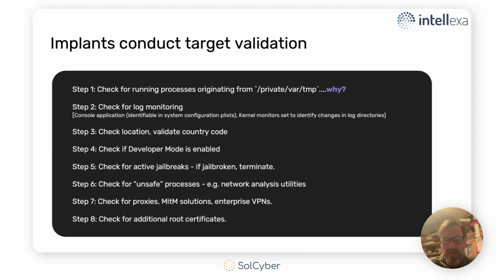They also wanted to see if developer mode was enabled, and if it was, they wouldn't install, because developer mode could mean that there were other things running on that device that they didn't want there. Again, same with active jailbreaks. If the device was jailbroken, they would terminate. They didn't want to be on a jailbroken device because anything could be installed on that, which could mean that their payload itself was captured.